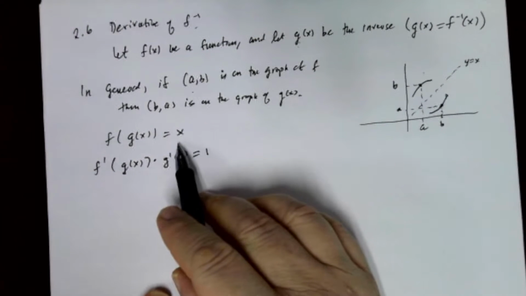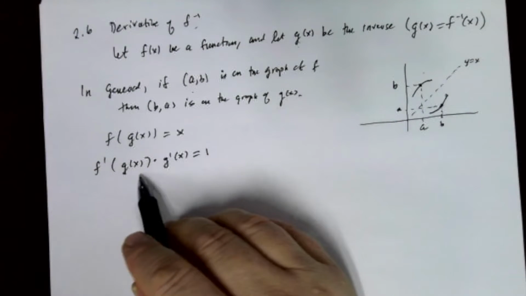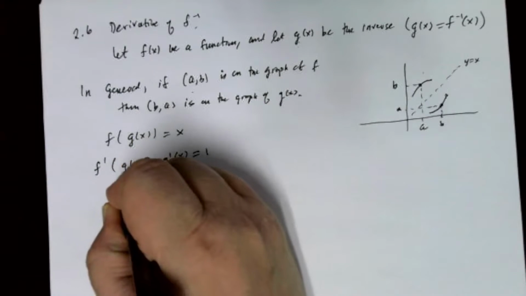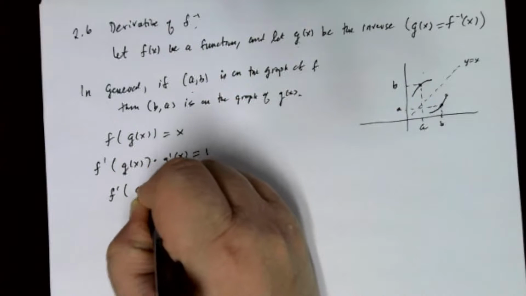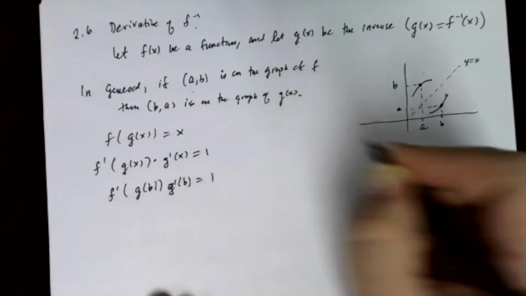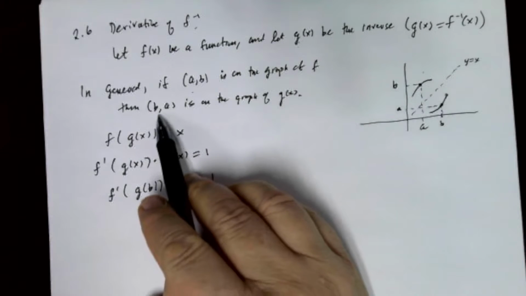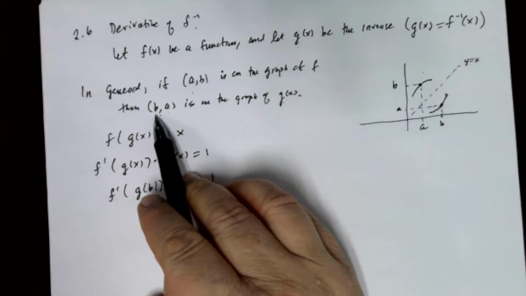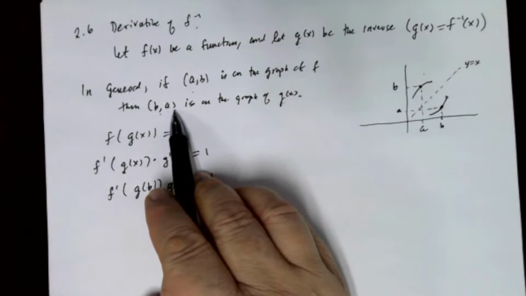So now we can plug in the point b in this case. So that means that f prime of g of b times g prime of b equals 1. Because remember, (b, a) is on the graph of g. So what is g of b? g of b is equal to a, right?